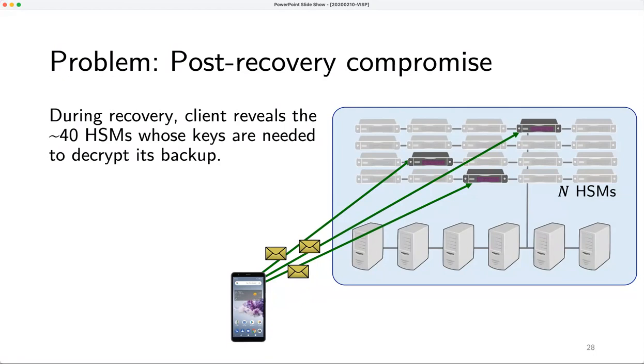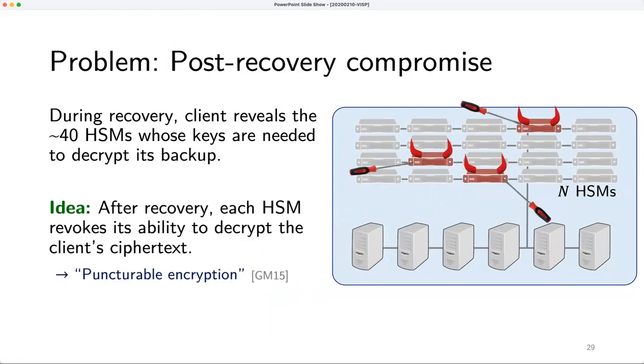So a clever attacker can watch me run this recovery process, and then go with the screwdriver to each of these 40 HSMs and pry out the secrets, and then get my data. Is this attack clear? Watch me recover, see which HSMs I talk to, then run with the screwdriver into the data center and start pulling secrets out of this small number of HSMs.